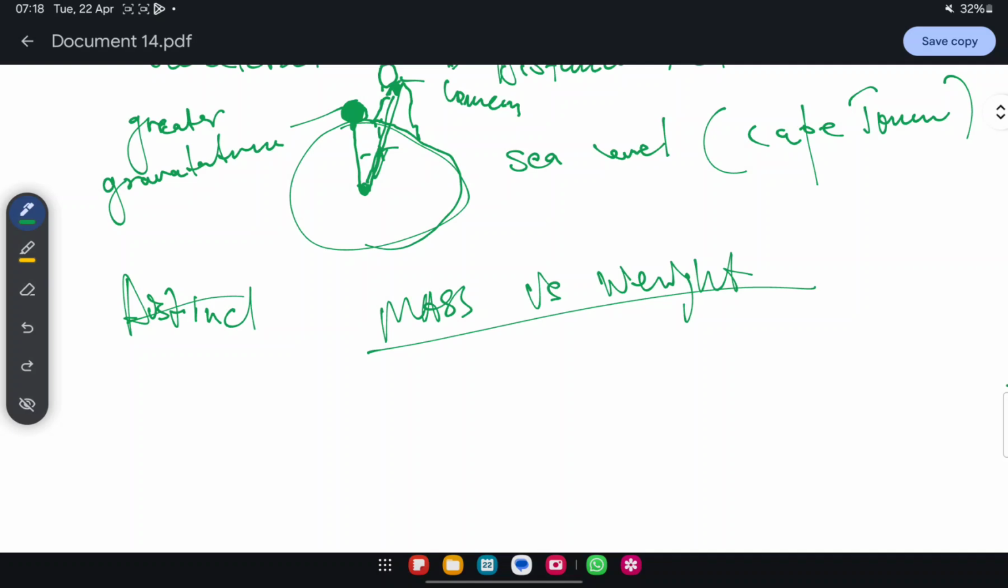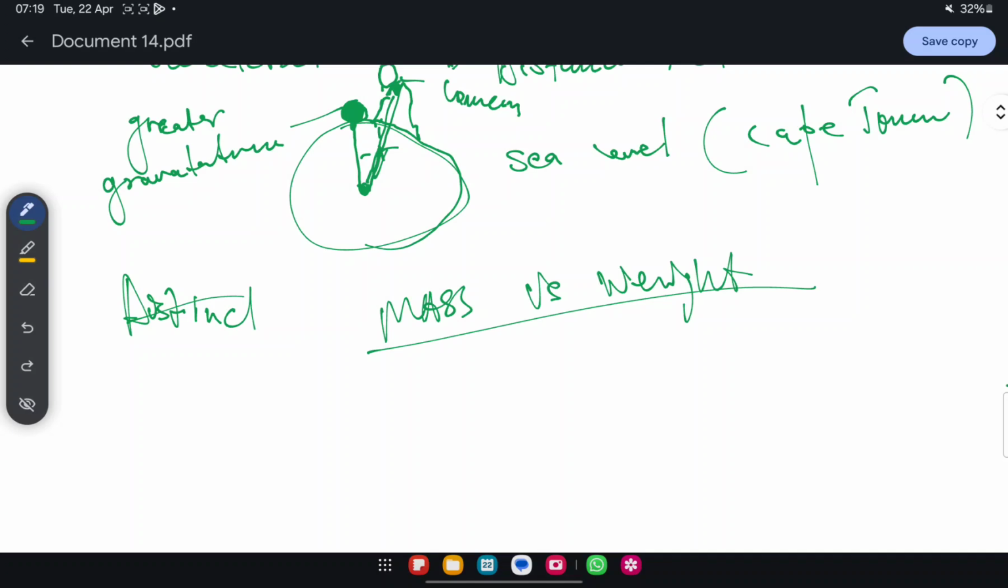It also shows how difficult it is to change the state of rest or motion of an object that has greater mass, because it is a measure of the inertia of an object, and it's sometimes known as inertial mass.